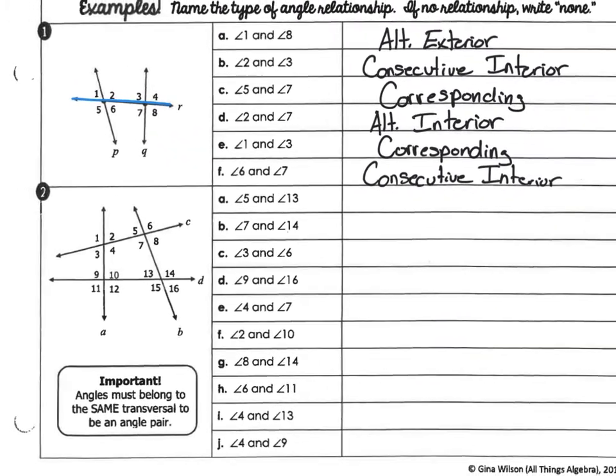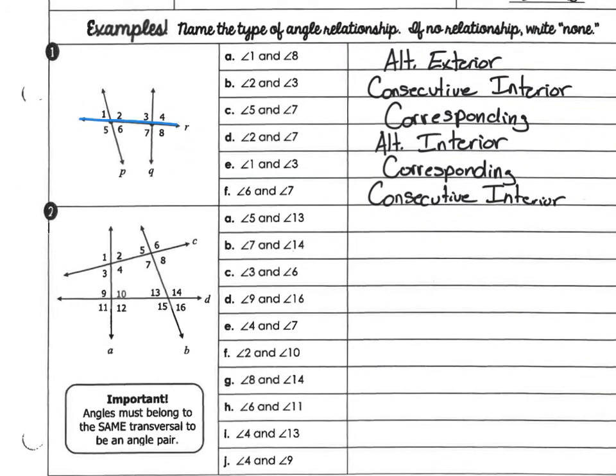I'll do a couple of these with you. Okay, so when you're looking at this one, if you see the box down here in the corner, it's very important that the angles are on the same transversal, or you can't say anything. Okay, so this transversal and this transversal are two different things. So you can't look at them the same.